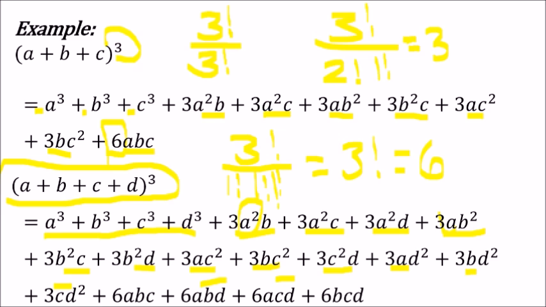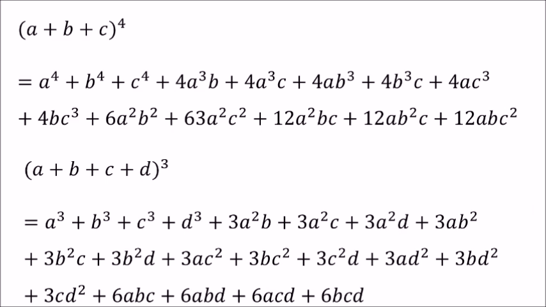So tulad dun sa taas, ang pagkuha ng kanilang coefficients ay 3 factorial all over 2 factorial times 1 factorial and that is equal to 3. Now we have here 6 dahil may exponent na 1 itong tatlong variables. So 3 factorial all over 1 times 1 times 1 factorial sa lahat yun. So 6.